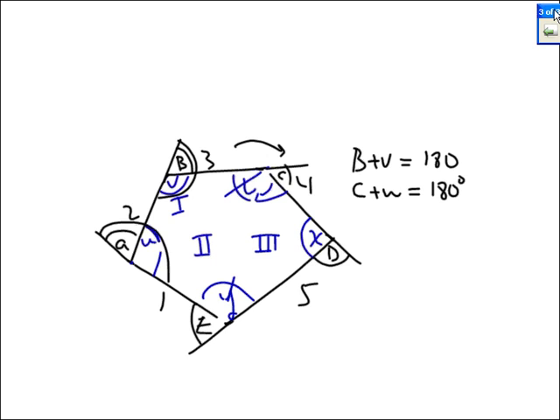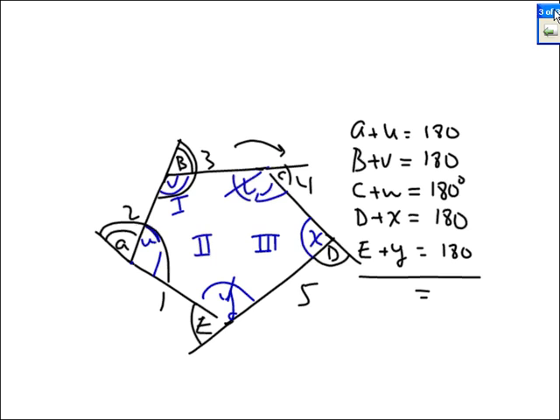D plus X is 180. E plus Y is 180. Well, when I add up the right side, 1, 2, 3, 4, 5, I get 5 times 180.